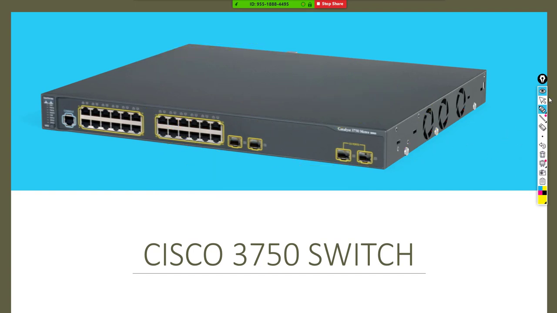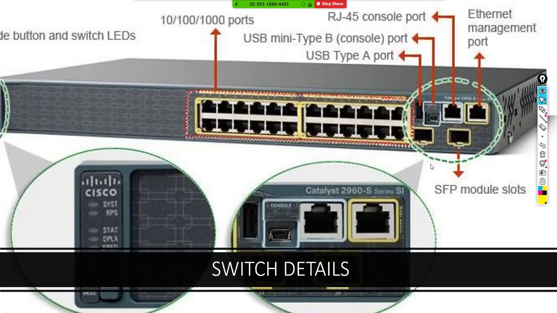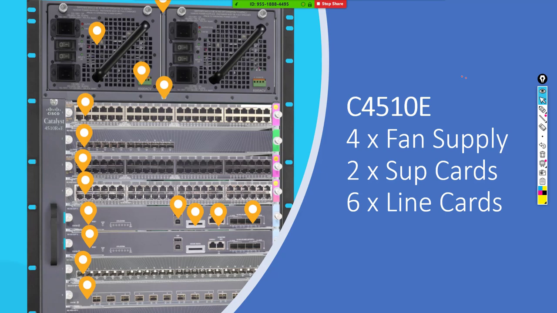But when we see some advanced switches, they have redundancy. Like in our previous model where I had only one set of non-pluggable or non-removable fans, over here I have multiple of them. If you see here, I have two power supply units. If one goes faulty, I can remove it.